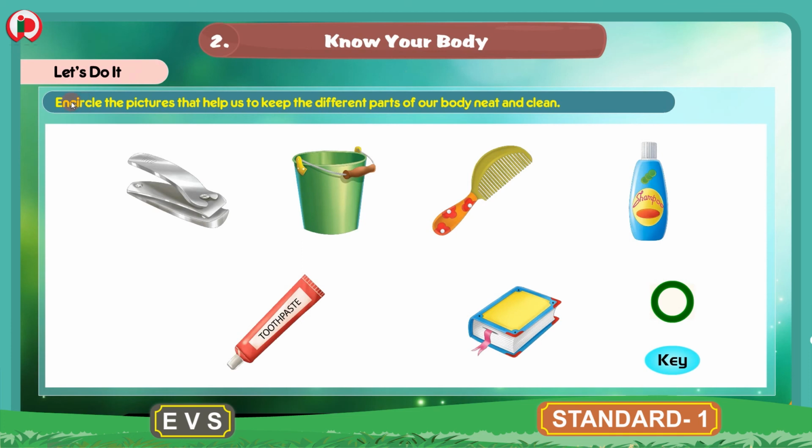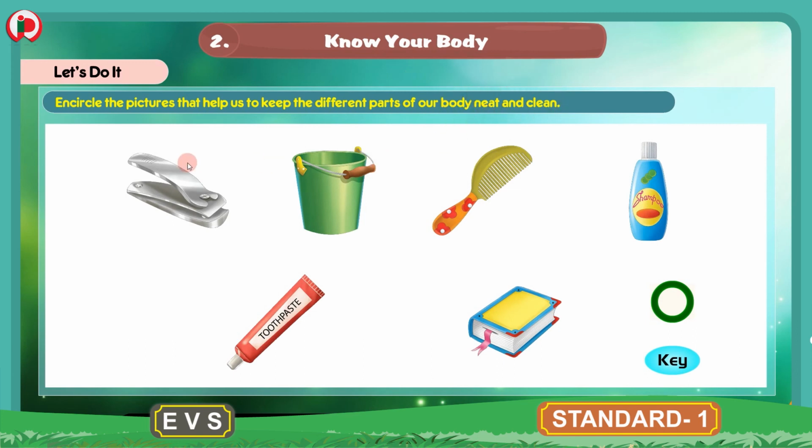The next section is let's do it. Encircle the pictures that help us to keep the different parts of our body neat and clean. Children, here we have some pictures. We have to encircle the pictures which help us to keep the different parts of our body neat and clean.